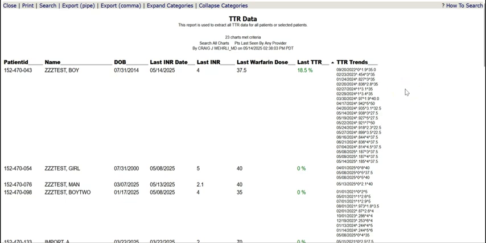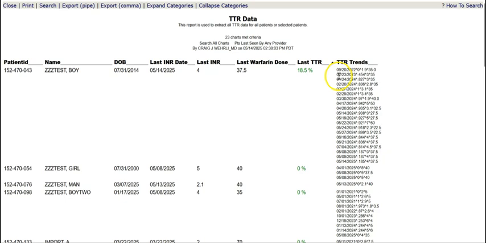As I mentioned earlier, every time an INR is entered, the TTR is recalculated for the previous 12 months. So this is a running list, a running average of the data for this patient.